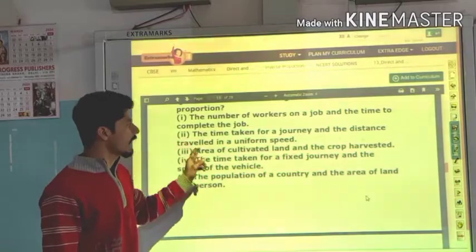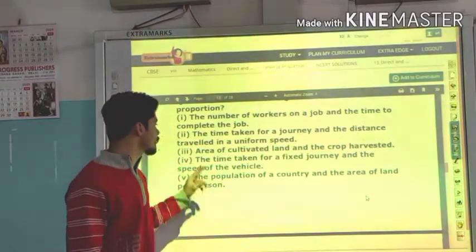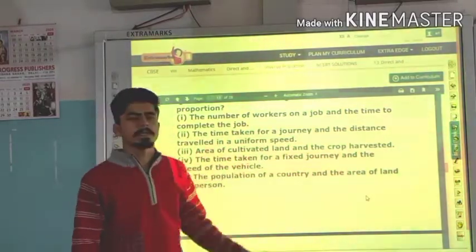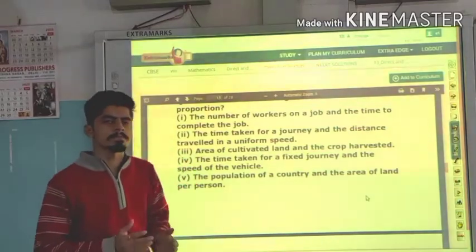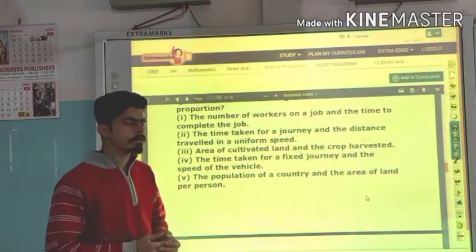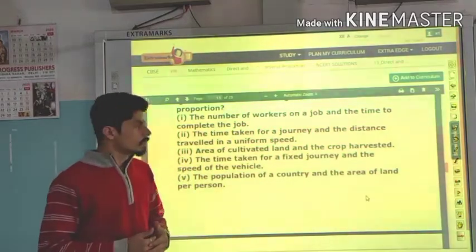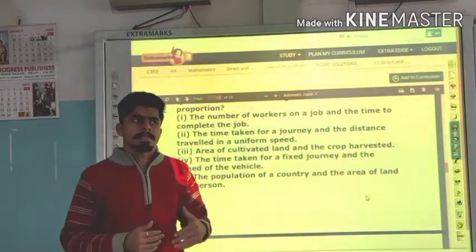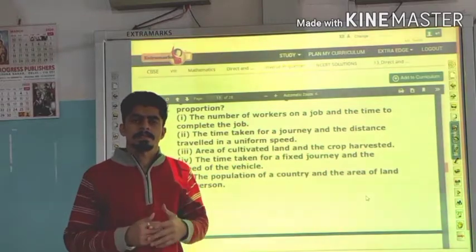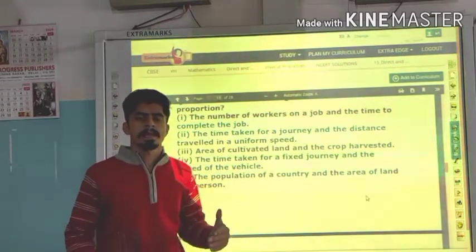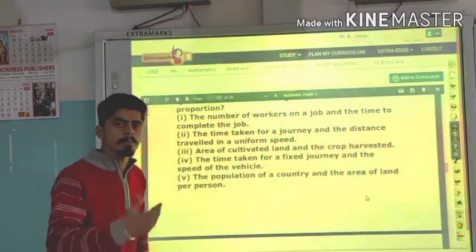Second, the time taken for the journey and the distance traveled at a uniform speed. Uniform speed means the speed which cannot be changed. So if a vehicle is traveling at a uniform speed and takes more time, then the distance traveled by that vehicle will be more.